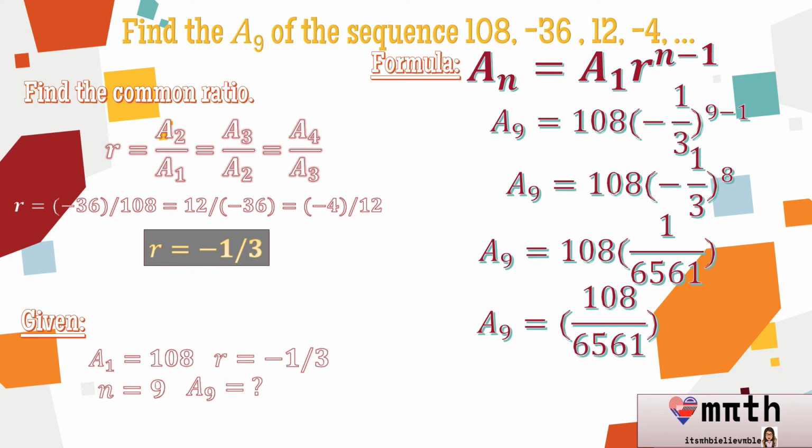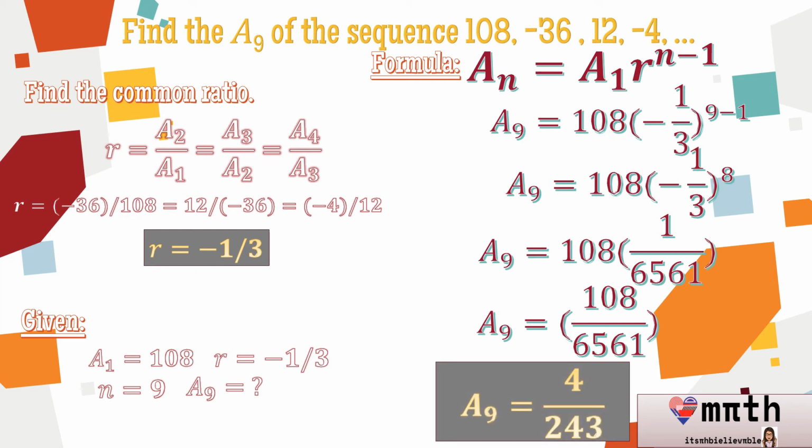And since we can find another value for this as its lowest term, that would be 4 over 243, which is both divided by 27. So, 4 over 243 will be our ninth term or the a sub 9 of this sequence.